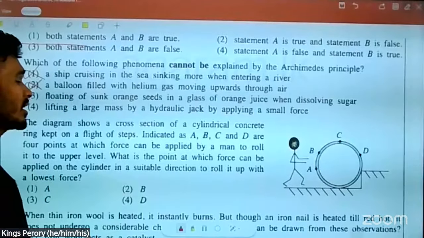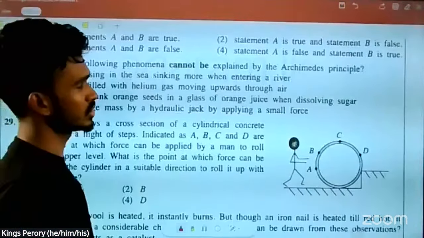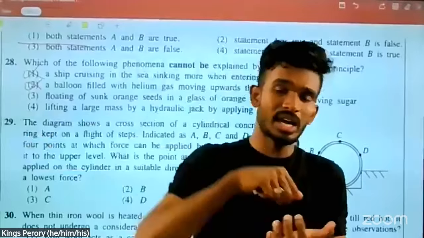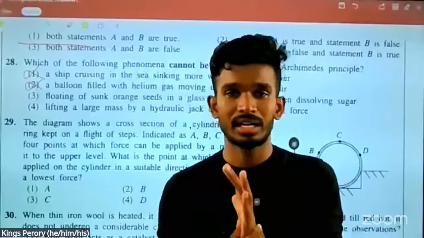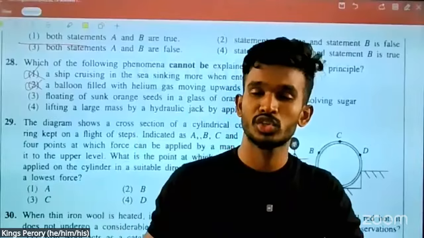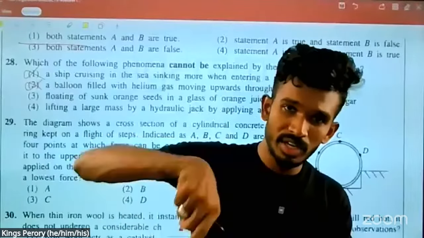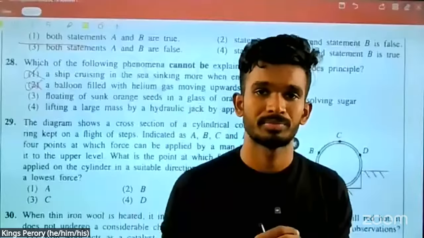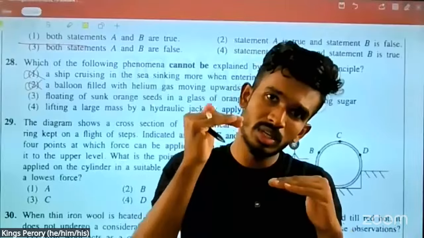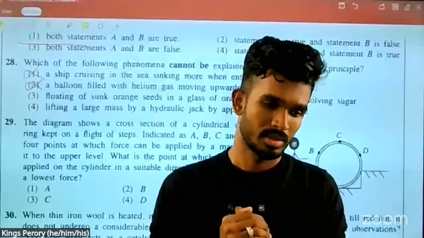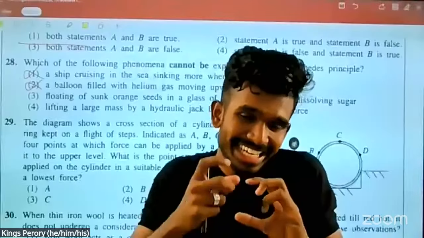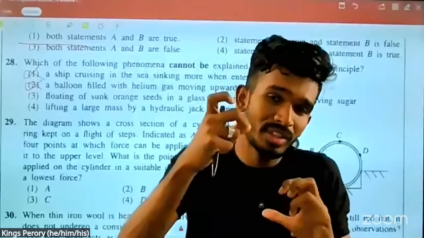Floating of a sunk orange seed in a glass of orange juice when sugar is dissolved. Usually, orange seeds are at the bottom when you are making, let's take an orange drink. When you dissolve sugar there, those seeds will come up. Why do those seeds come up when you dissolve sugar? That's because sugar will increase the density of the water there.